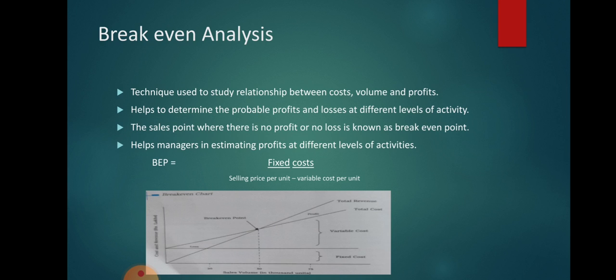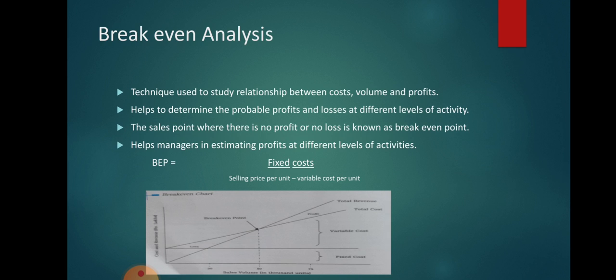Raw material you are going to use only when there is a production. If there is no production, no raw material is used, right? So these are types of costs which are variable in nature, which change according to the production. Increase in the production, increase in the variable cost. Decrease in the production, decrease in the variable cost. So that cost per unit we are going to consider. Selling price per unit minus variable cost per unit.